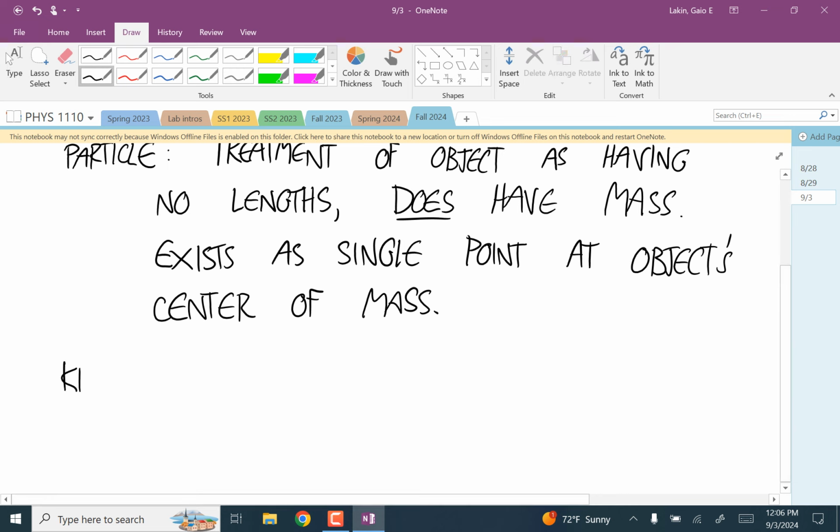Second, kinematics. So in kinematics, we're describing the motion of objects without concern for the causes. We're not thinking about the causes of the motion.